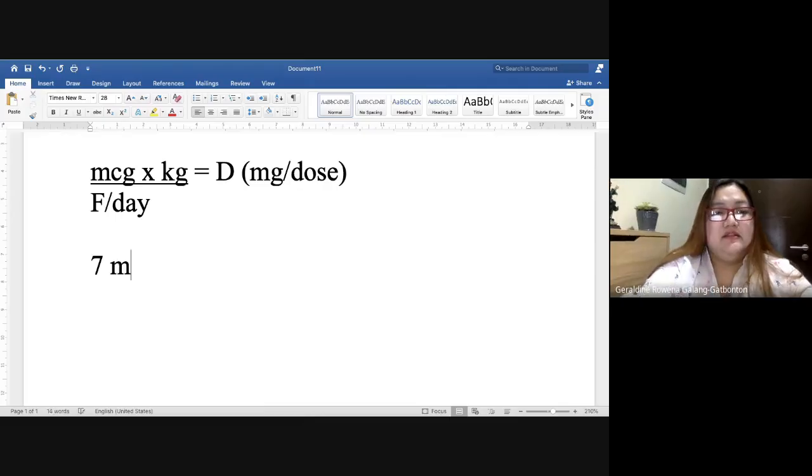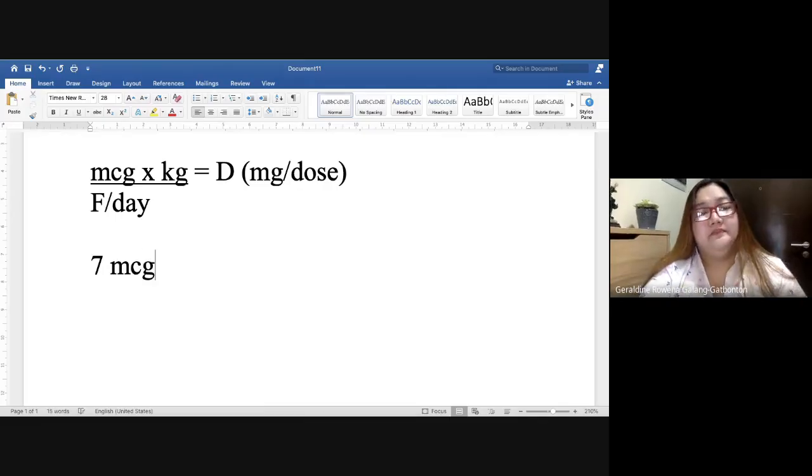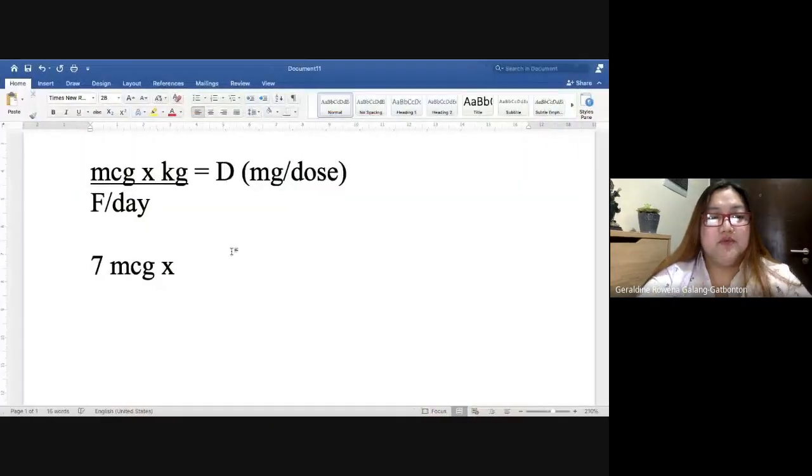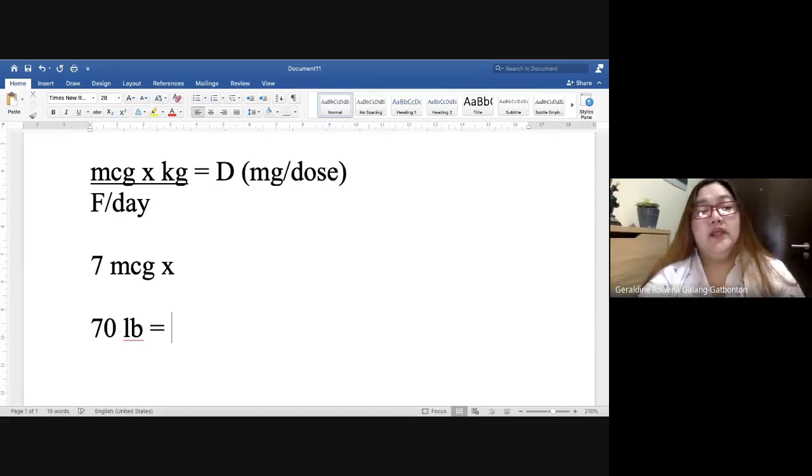7 microgram. Alright? Next, i-multiply ko siya sa kilo. Ano ngayon yung kilo? 70 pounds. So, 70 pounds convert to kilo. 1 kilo is 2.2 pounds.